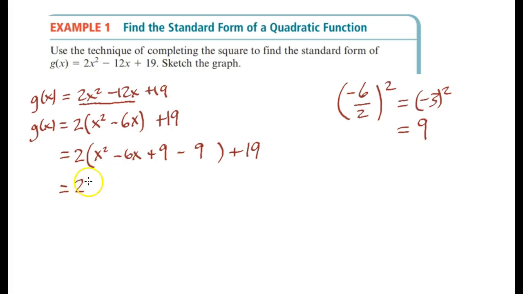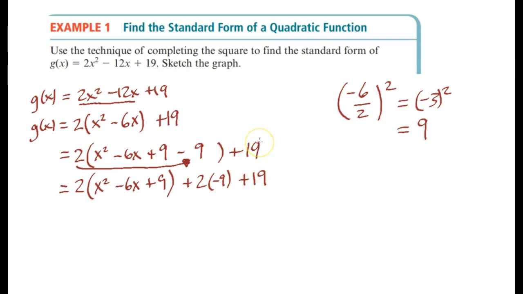So we have 2 times x squared minus 6x plus 9. That's just the portion we need for completing the square. Now we distribute the 2 to the negative 9, and that gives us plus 2 times negative 9, and then we still have plus 19.